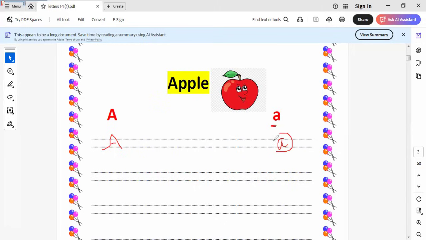But when we write it with our hand, we write capital A and small a like this. This is called small a, and this is called capital A. A for what? A for apple. Let's write it together. I would like you to have a pencil and paper and write it with me. This is called apple.